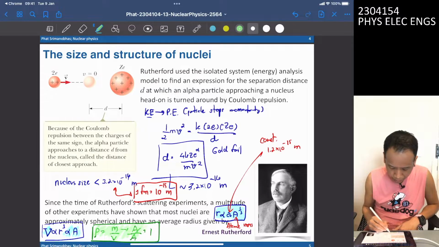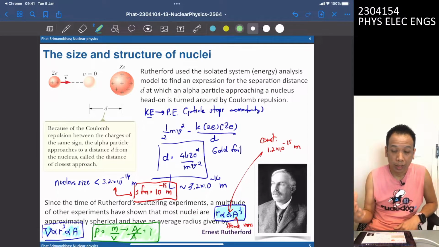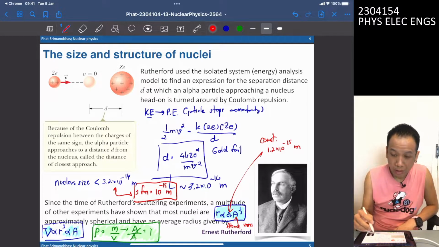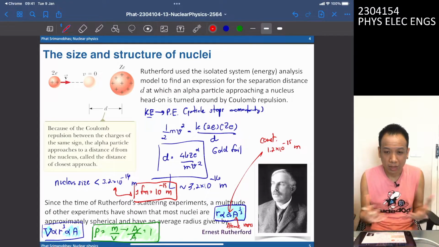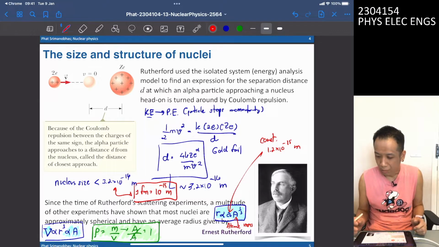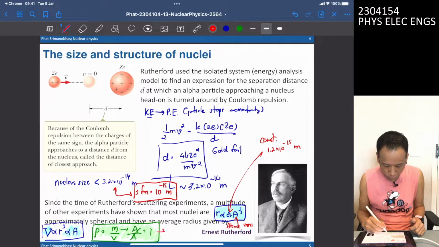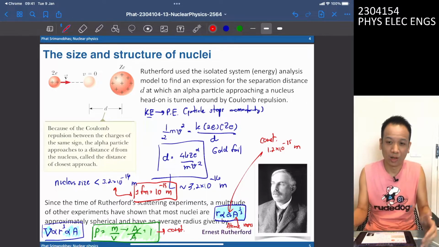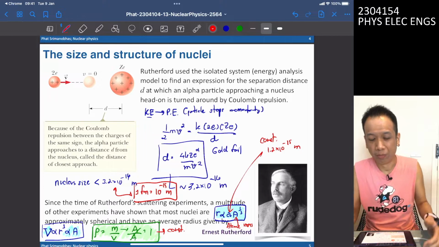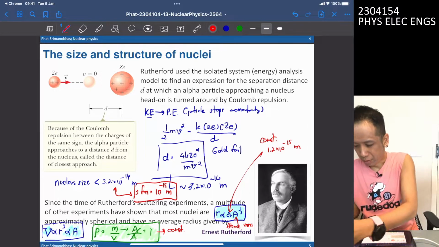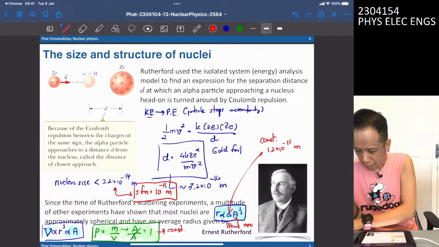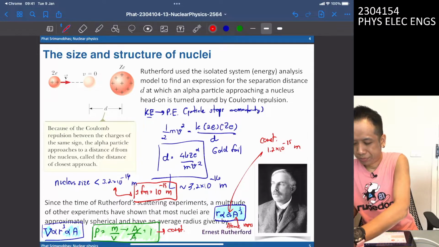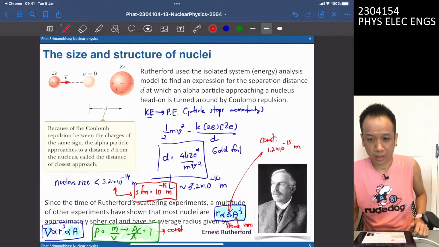It means that the density of the nucleus is basically constant, because it does not depend on the mass number. So rho is basically constant. Of course, it's not exactly constant, maybe it differs between sizes and masses, but it's roughly constant.